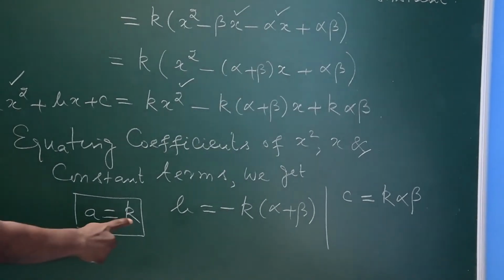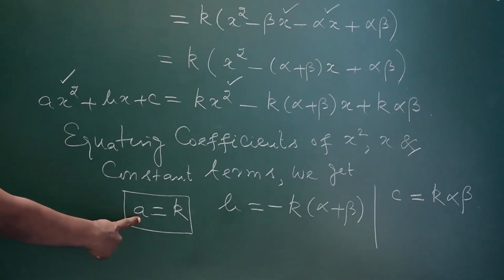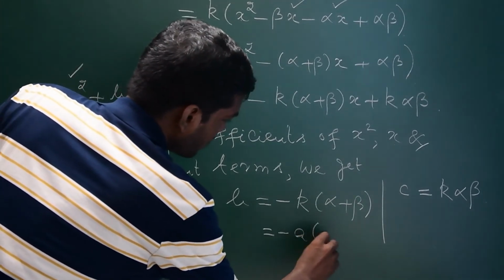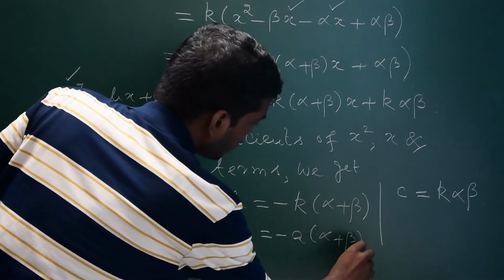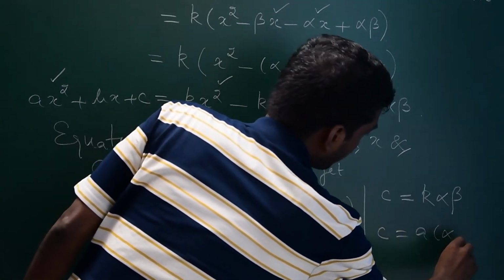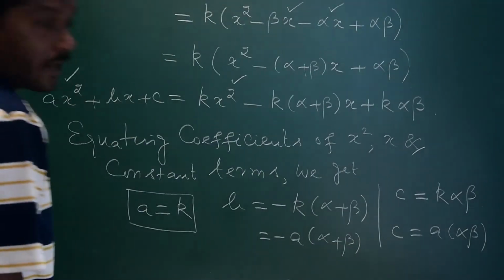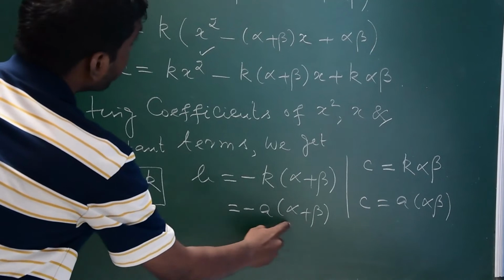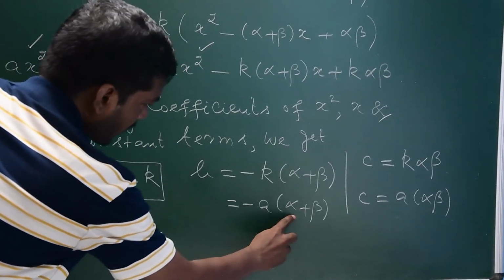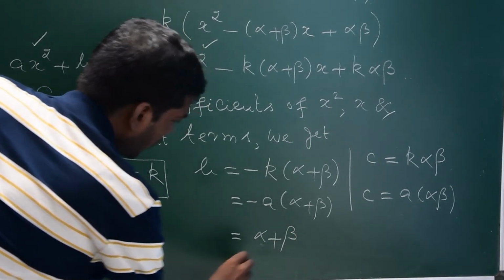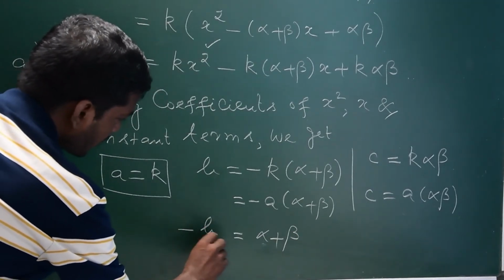But what is k? k is a, so you can replace this by a. So this is b equals minus a times alpha plus beta, and here c equals a times alpha beta. So from here, alpha plus beta is nothing but minus b by a.